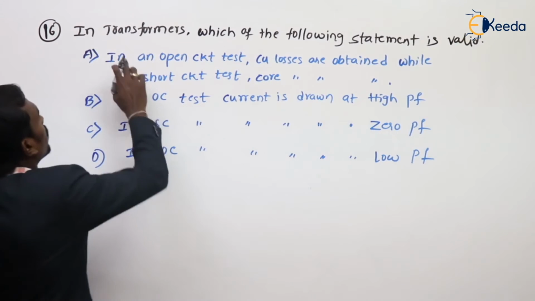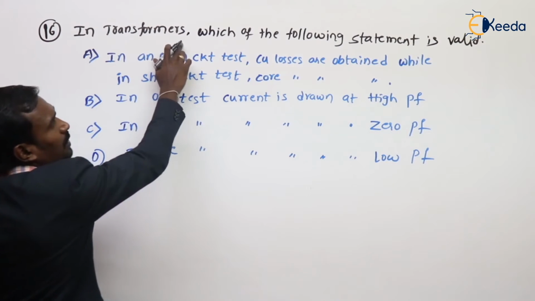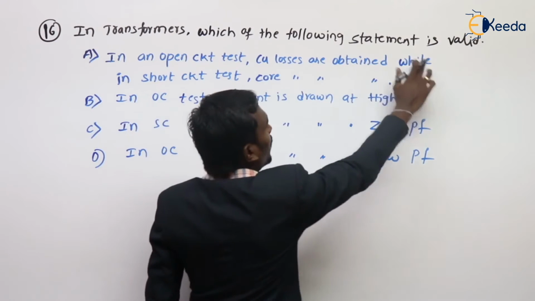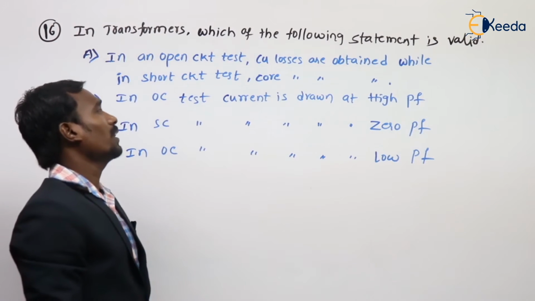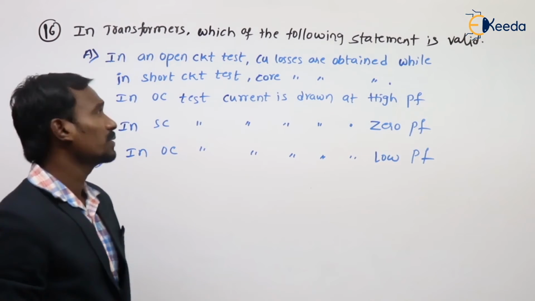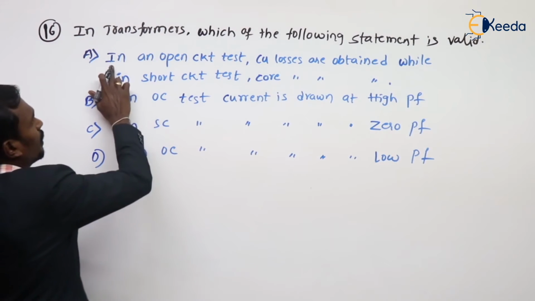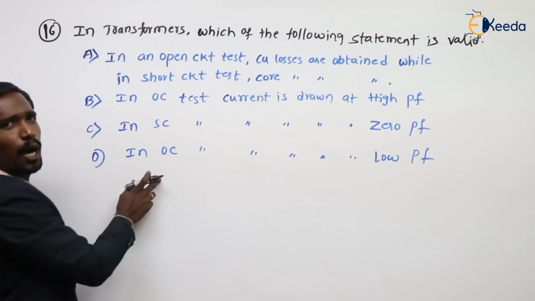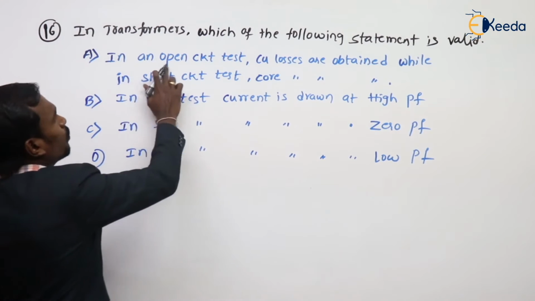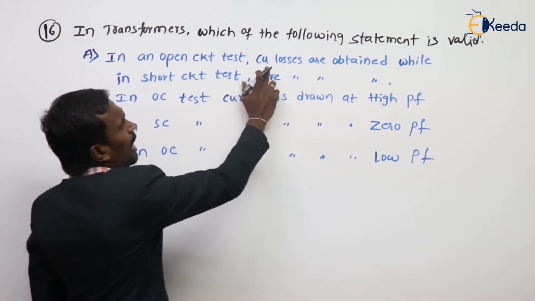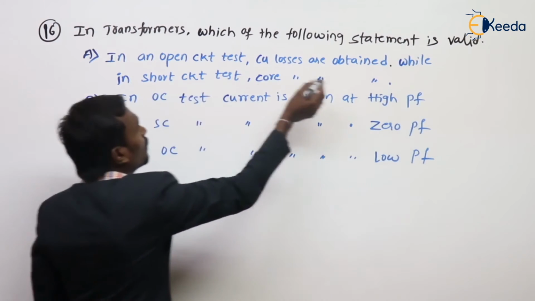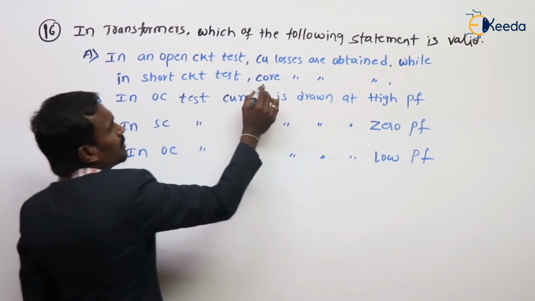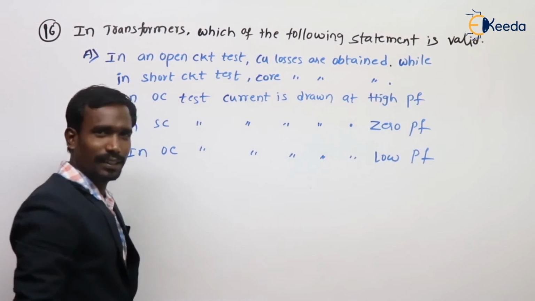See this question on tests of transformer. Let's see, in transformers, which of the following statements is valid? First, see the options. Option A: in an open circuit test, copper losses are obtained, while in short circuit test, core losses are obtained.